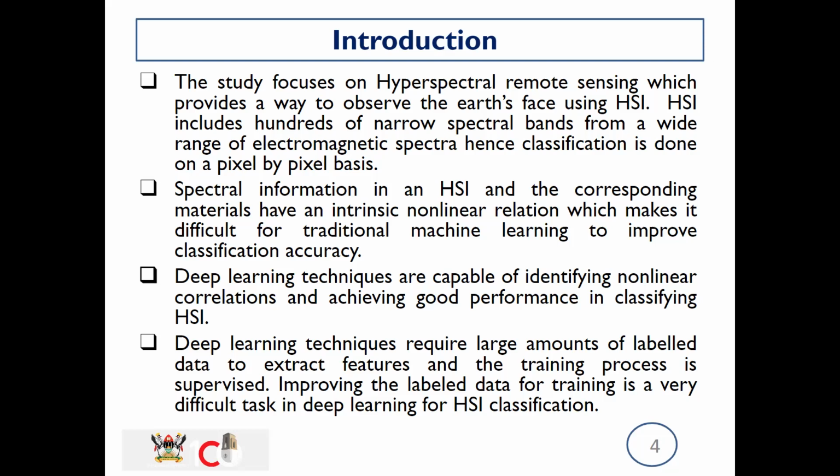Mostly we are used to RGB, and we usually tend to neglect the electromagnetic spectra, yet it's available to us and it's very powerful. So hyperspectral images use the electromagnetic spectra, those colors, I think, to classify images.